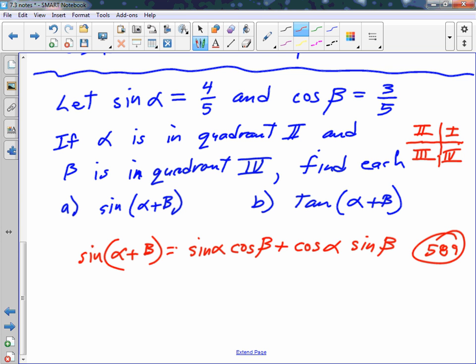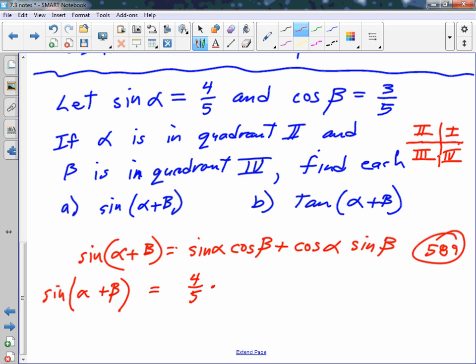So where were we? What do I do next? So we're going to say sine alpha plus beta. Wait a minute. We know sine alpha. So sine alpha plus beta could equal, sine alpha we know is 4/5.